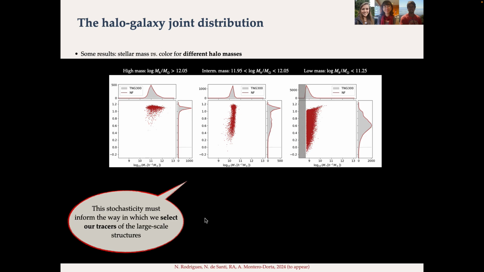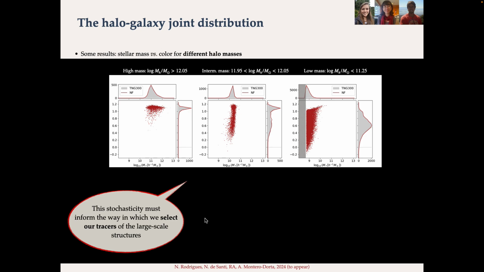So it has to be noted that there is nothing we can do to eliminate this stochasticity. It is an inherent feature of these galaxies. Of course, if you make a simulation with exactly the same initial conditions, you would end up with the same galaxy there, but that's not the point.